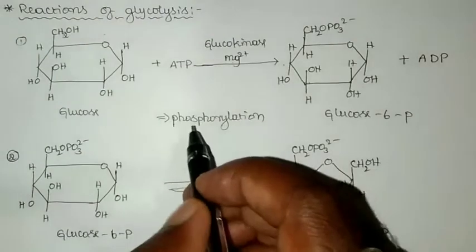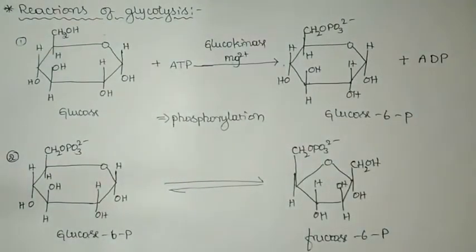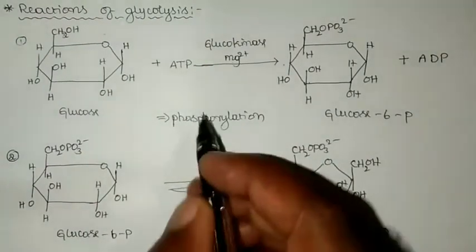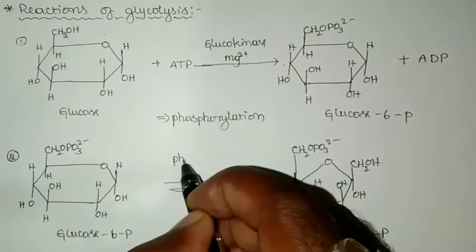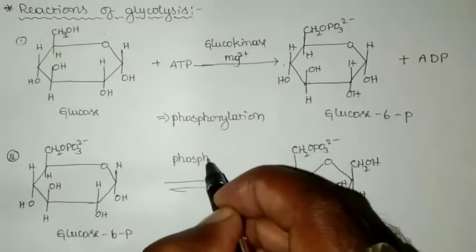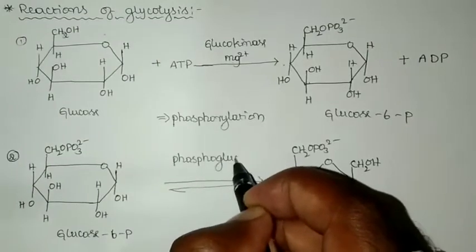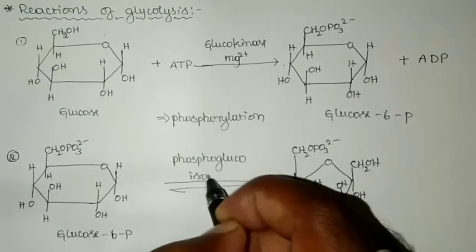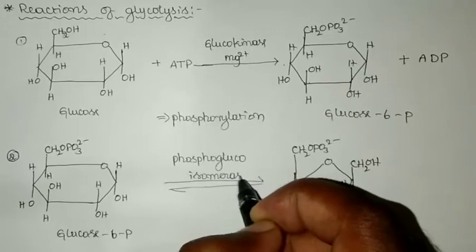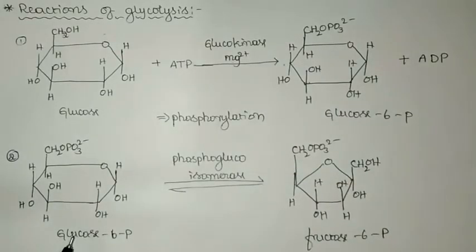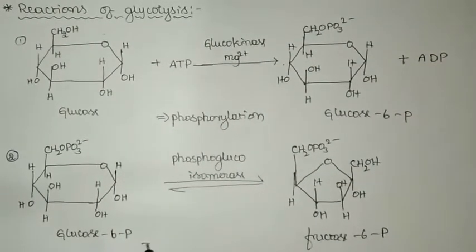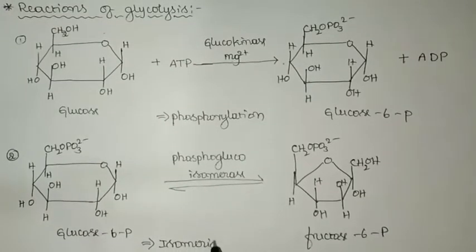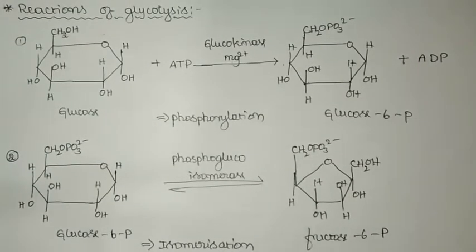So the name of the enzyme that converts glucose 6-phosphate into fructose 6-phosphate is phosphoglucoisomerase, the enzyme that has been utilized over here in making isomerization of glucose 6-phosphate so as to produce fructose 6-phosphate.